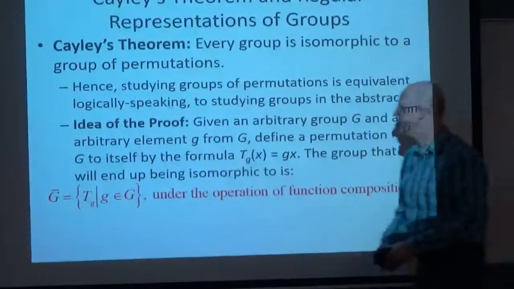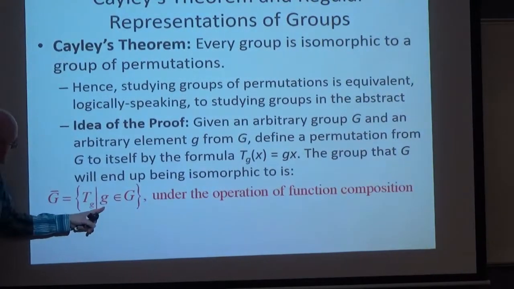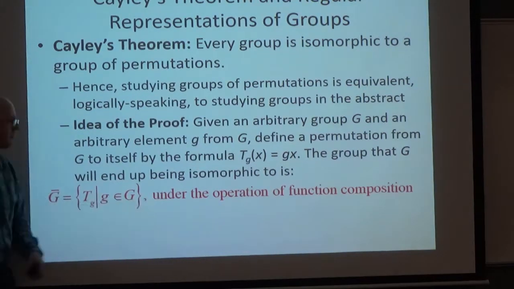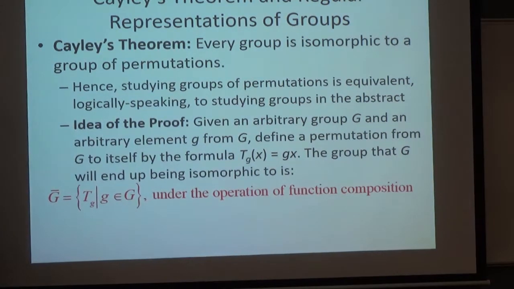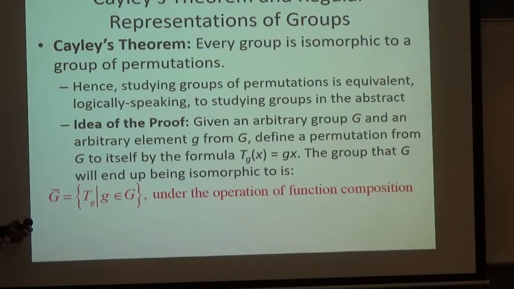Let G bar be the set of all such T sub g as little g ranges over capital G under the operation of function composition. Wait a minute, is this definitely a group? That should be figured out as well before we even bother to try to show that they're isomorphic.